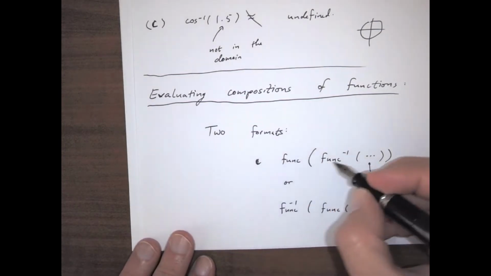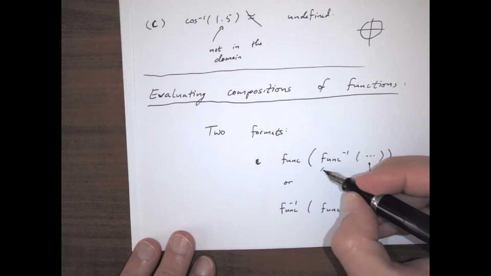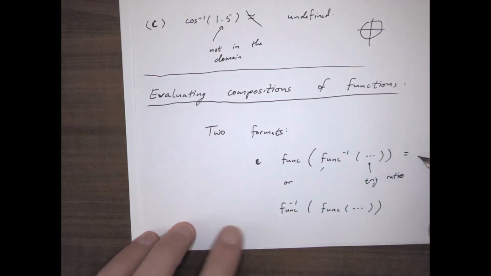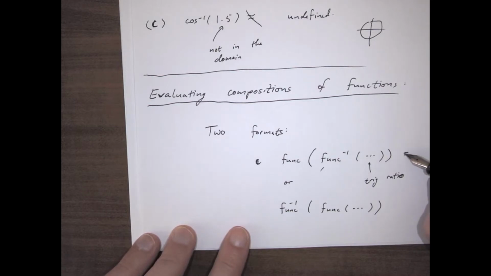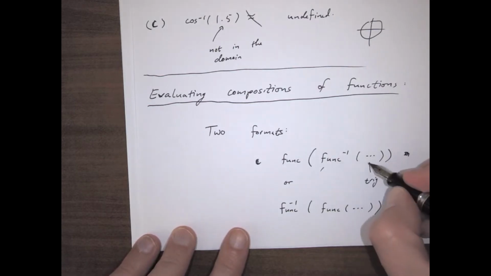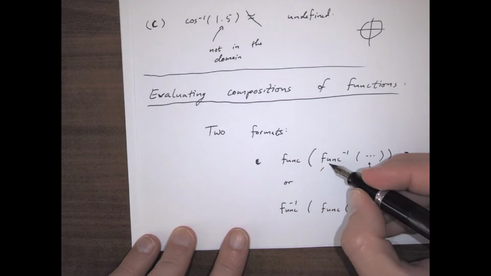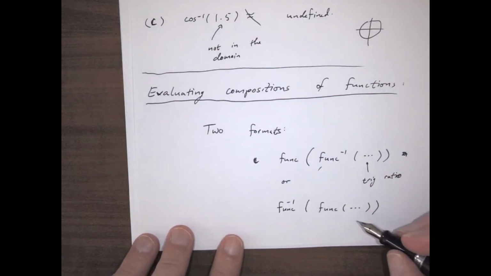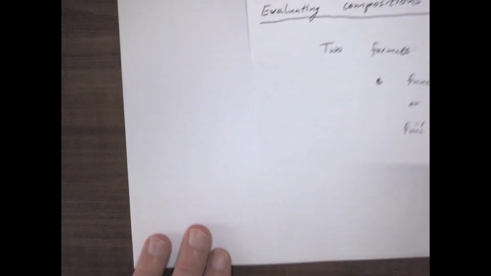Then this will produce the trig ratio, this turns it into an angle, and then this turns it back into a trig ratio. And this one in here will have to be the angle.